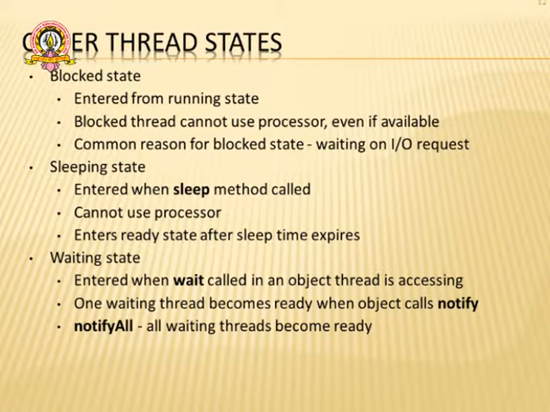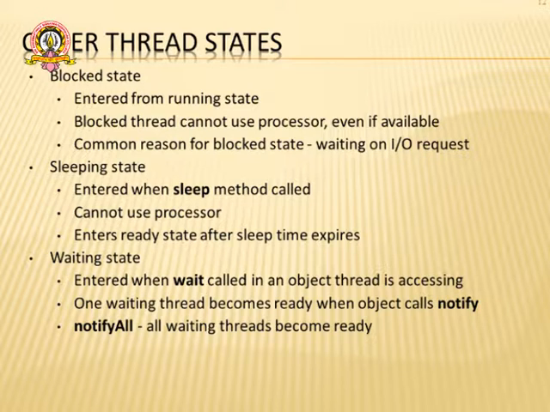Because of these reasons, the thread may enter into the blocked state. When the thread is in the blocked state, it doesn't have the CPU, it cannot execute anything. After moving from the blocked state to the runnable state, it can then go to the running state. The blocked state is something like idle, the thread is idle.